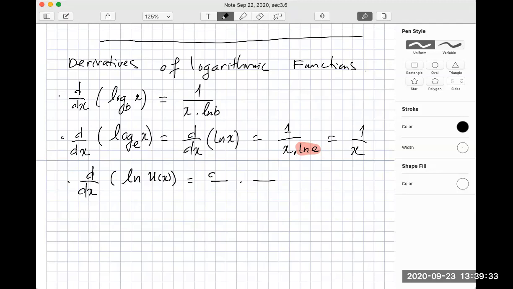Yes, d over du and du over dx, right? And u in this case is u of x, and y is ln u, right? D over du of ln u, from this formula, is like d over dx of ln x. So now, in our case, u is a variable. So what do we have?